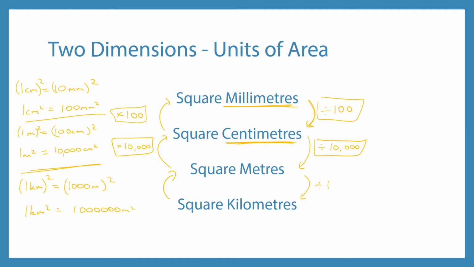So divide by 1,000,000 and times 1,000,000. So hopefully that helps you understand why we use this conversion table or how we get those numbers there. As we've seen in the previous questions, it's often much faster just to go without drawing up this table.